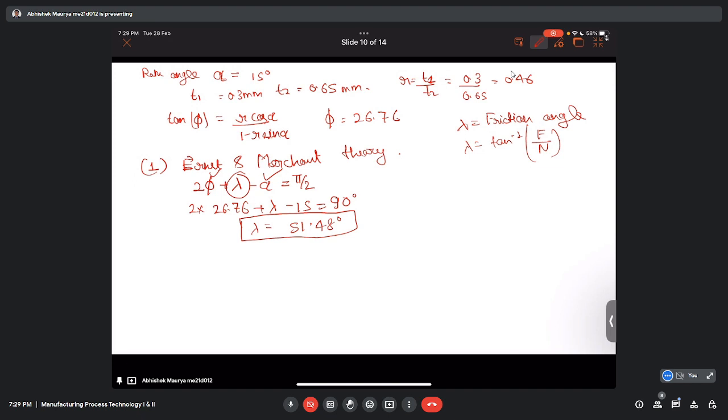And for the given uncut chip thickness T1, 0.3 mm, we finally get 0.65 mm of chip thickness. For these conditions, the friction angle is what we can calculate by this Ernst and Merchant theory. Similarly, let us see the other relationship, that is the Lee and Shaffer theory.